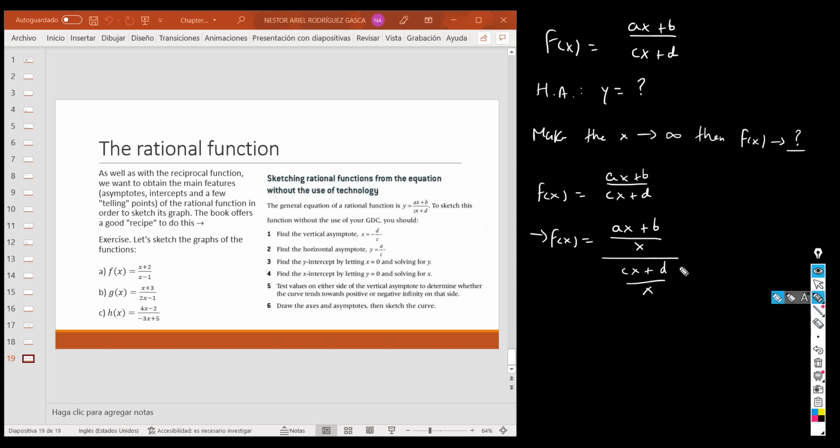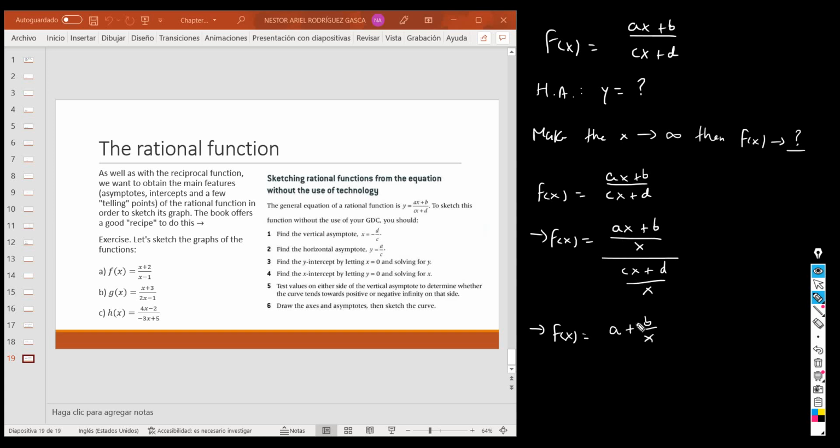So let's do that. Let me divide numerator and denominator by x, and then let me simplify this thing a little bit. So what are we having here? We have ax plus b over x. If I divide this term over x, I get a. And if I divide this term over x, I get plus b over x. You see?